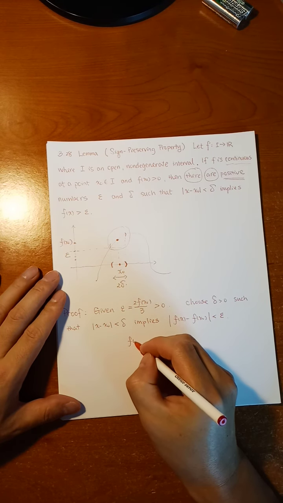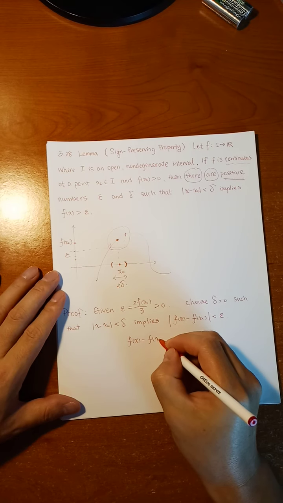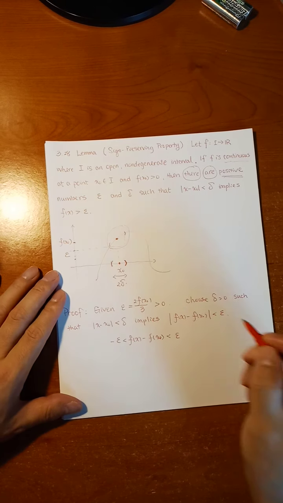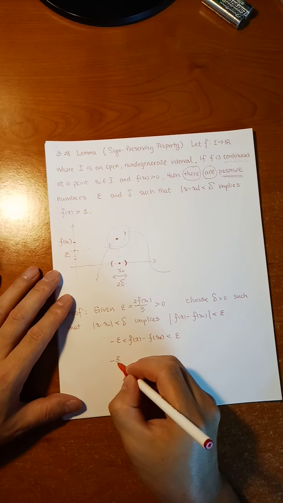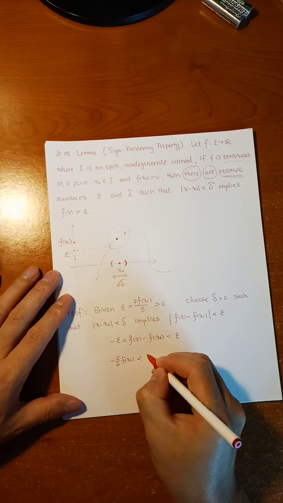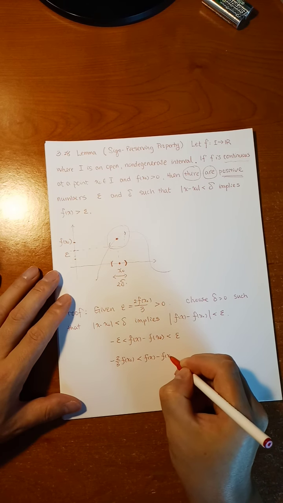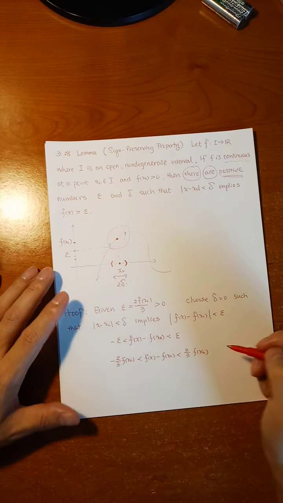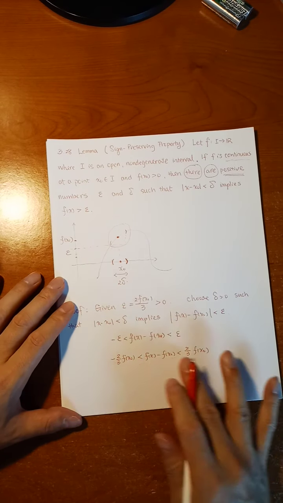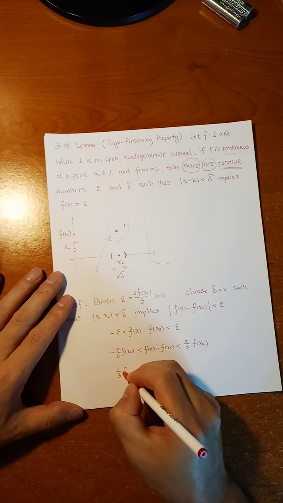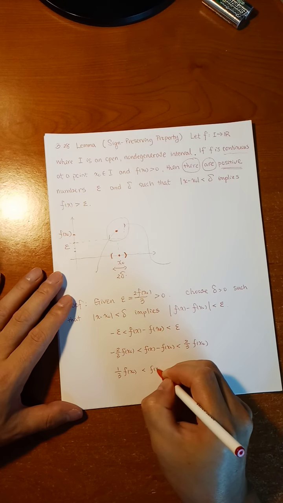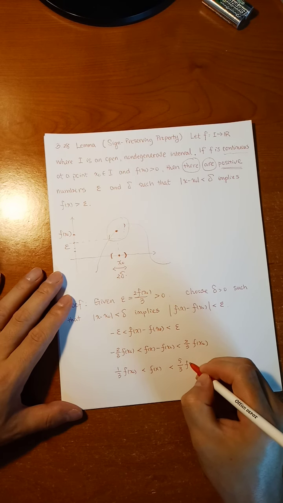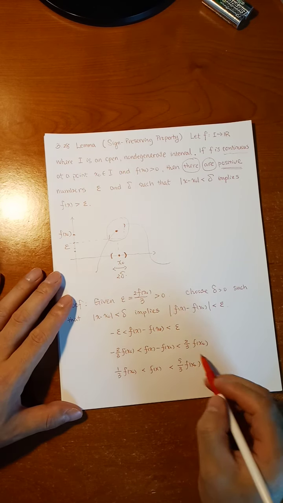This is f(x) minus f(x0) less than epsilon and greater than negative epsilon. So it's negative 2/3 f(x0) less than f(x) minus f(x0) less than 2/3 f(x0). And then you add f(x0) to all three sides, you will get 1/3 f(x0) less than f(x) less than 5/3 f(x0). But it doesn't matter. We do not need this part. We only need this part.